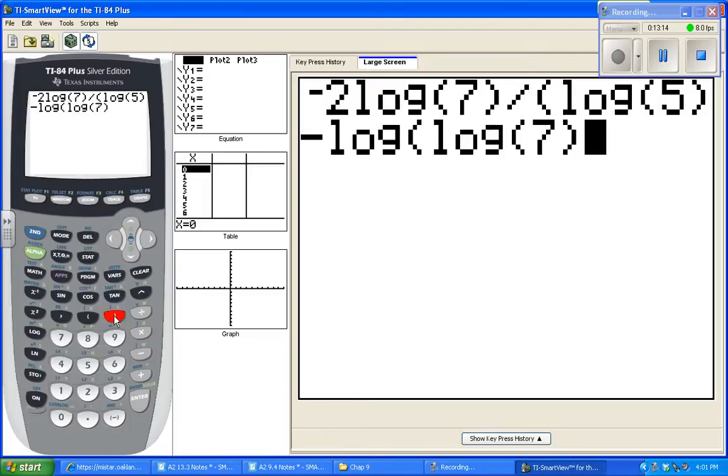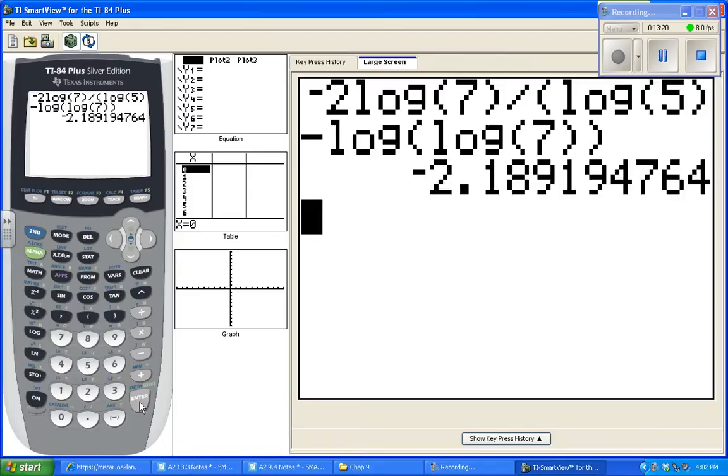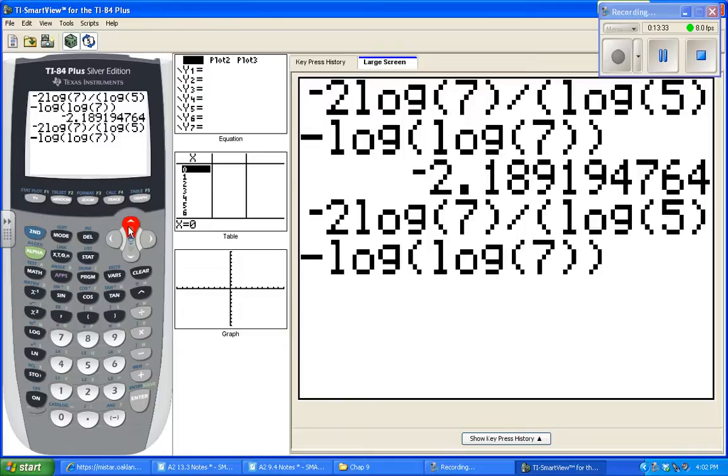And let's close up the big parenthesis that we started right after the division symbol. Hang on, I need another parenthesis. Let's put another one at the beginning.